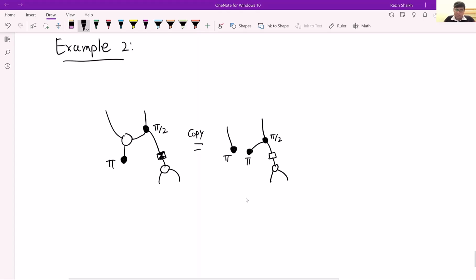So we can fuse these two spiders that are of the same color. And when we fuse them, the angles will add up. So we have pi and pi over 2, so we will get 3 pi over 2, with the color change box, and then the Z spider.